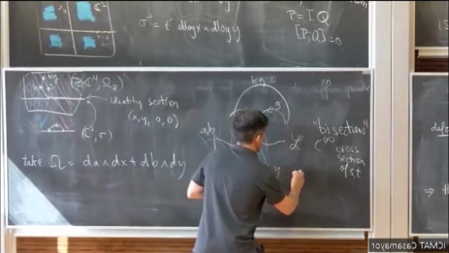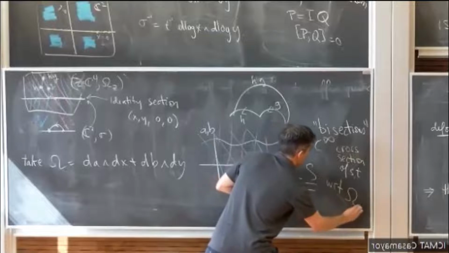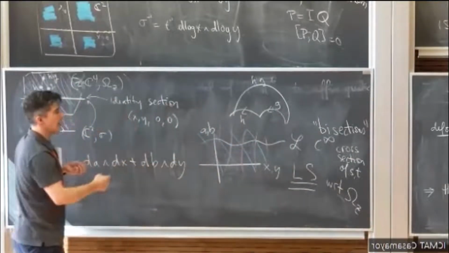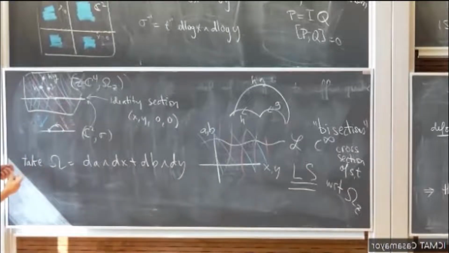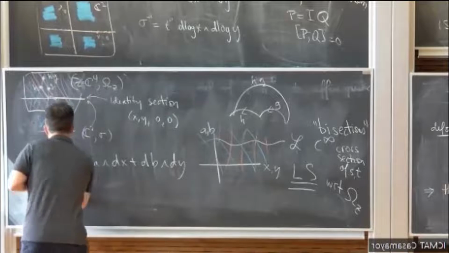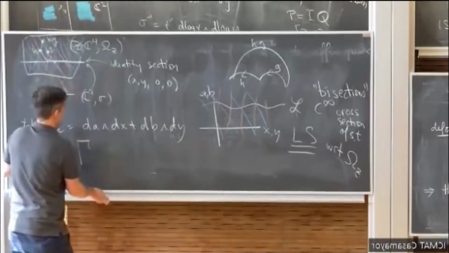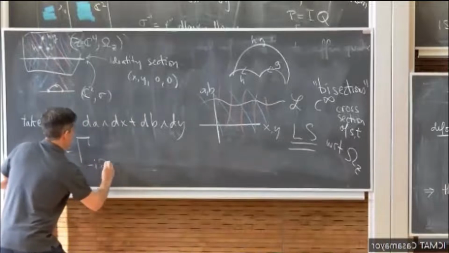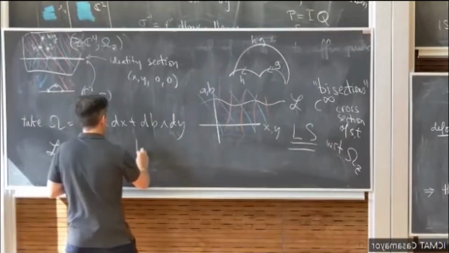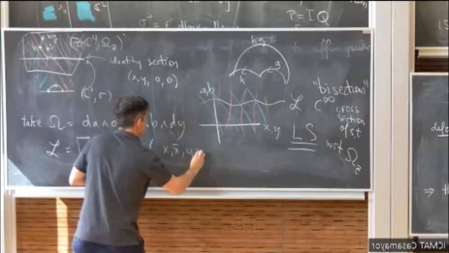Well, I want it to be Lagrangian with respect to omega Z. So I want this thing to be just like the Kähler metric in the Donaldson picture. So one way to do that is to let L be the graph of minus i d-bar k, minus i del k, where k is some C infinity function of x and y.